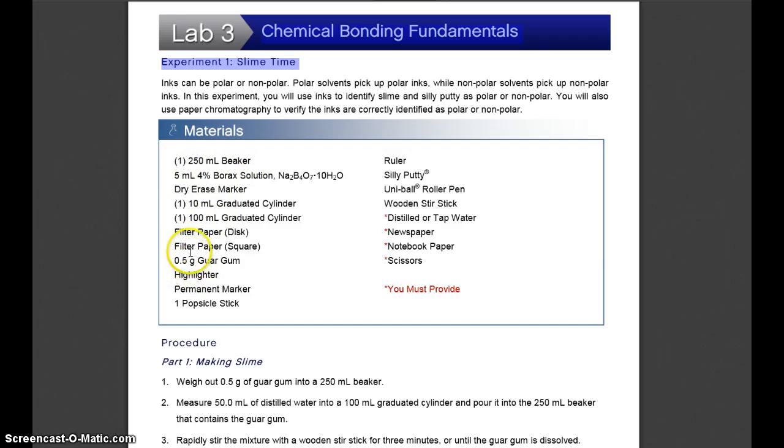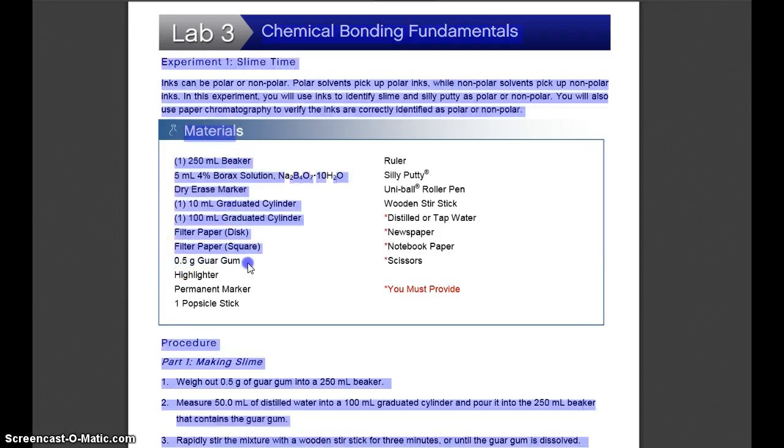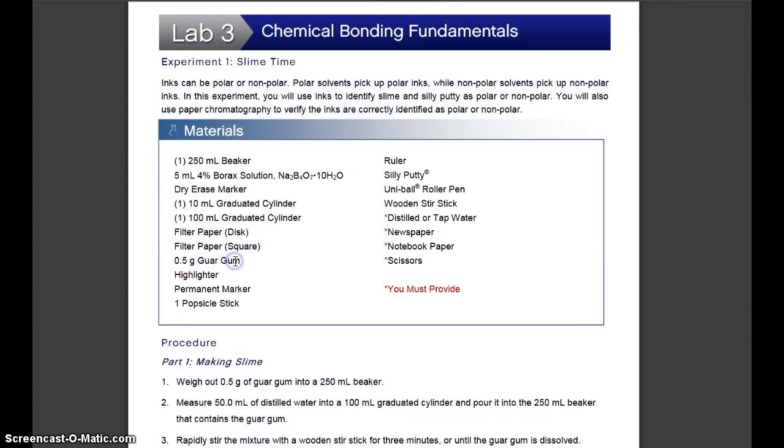At this point, I don't want lists, tables, graphs. Just sentences. Now, you do not need to say popsicle stick or newspaper, but certainly the chemicals that you use are important. Chemicals.